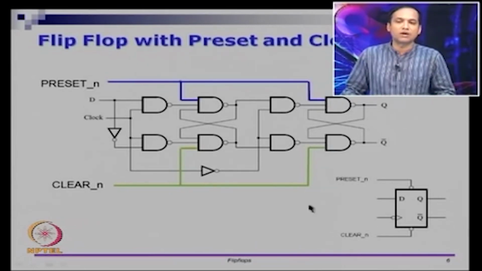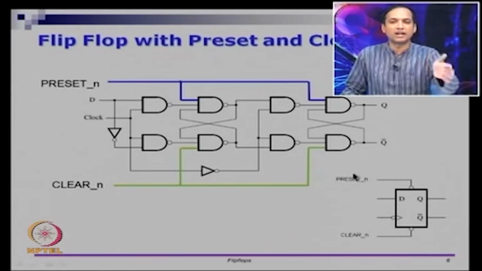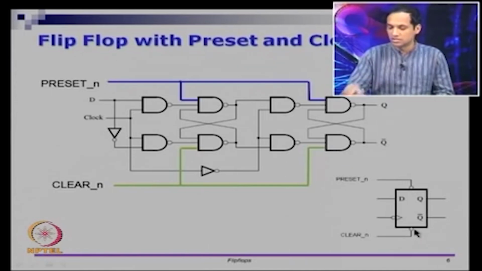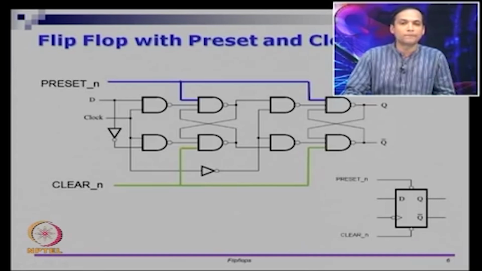So we will ensure in the circuits driving preset and clear that you do not drive both of them simultaneously. Then you have the clock input here, which also seems to be negative edge triggered. So this flip flop is a negative edge triggered D flip flop which has asynchronous negative preset and asynchronous negative clear. This is the meaning of the logic block.